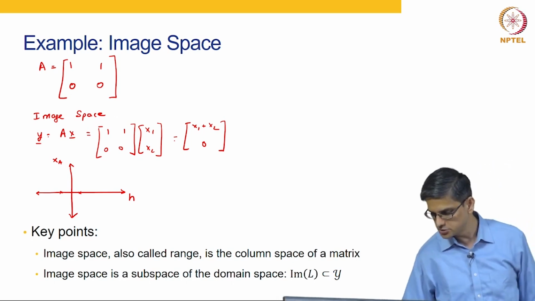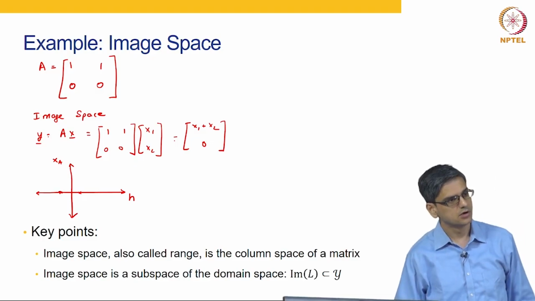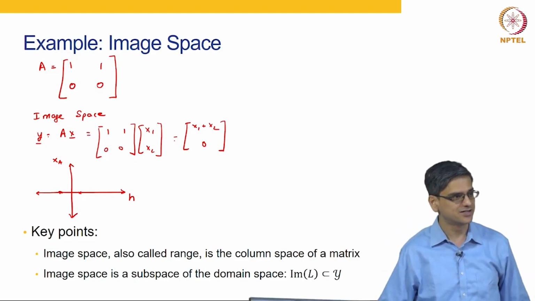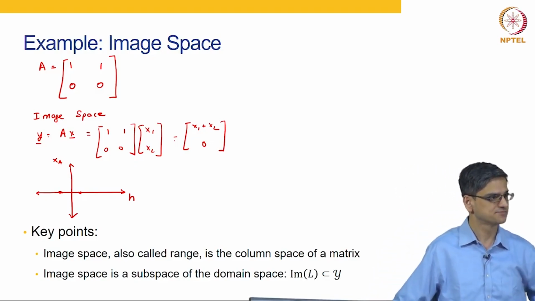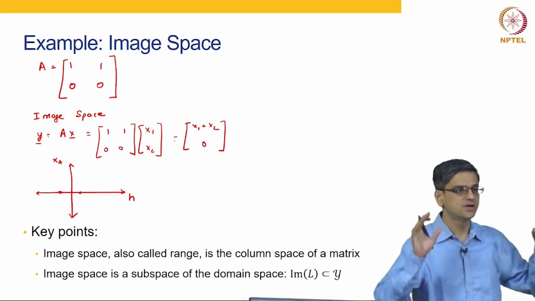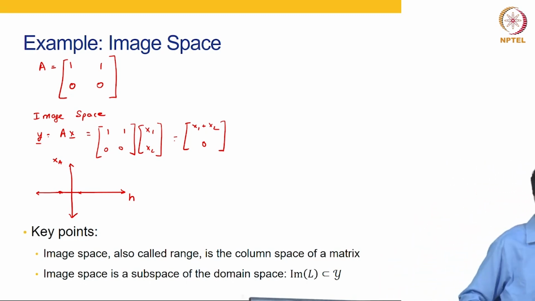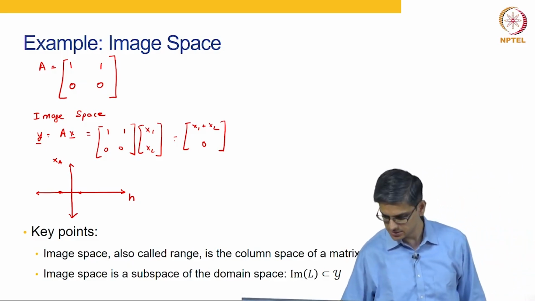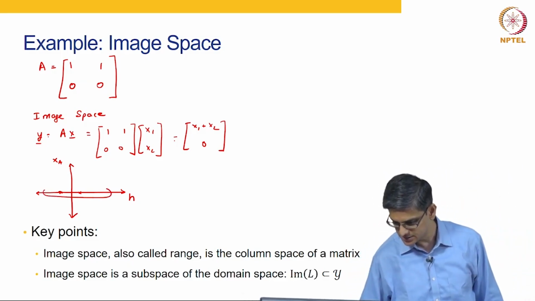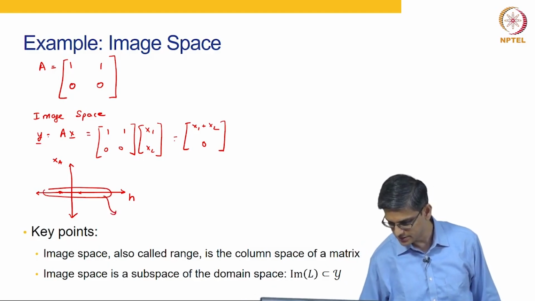You are going to change the height over here, but you are never going to be able to change x, the concentration, because you are mixing two streams with the exact same concentrations. Got it? So the image space in a case like this is going to be this line.